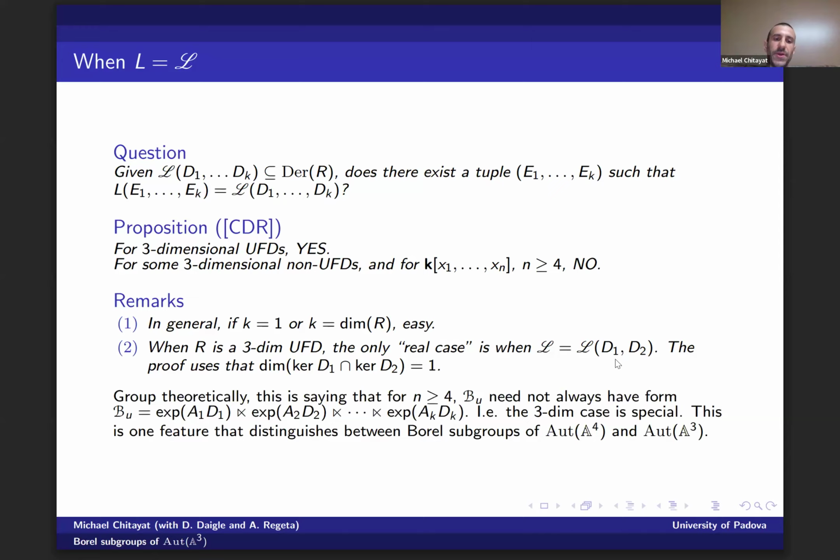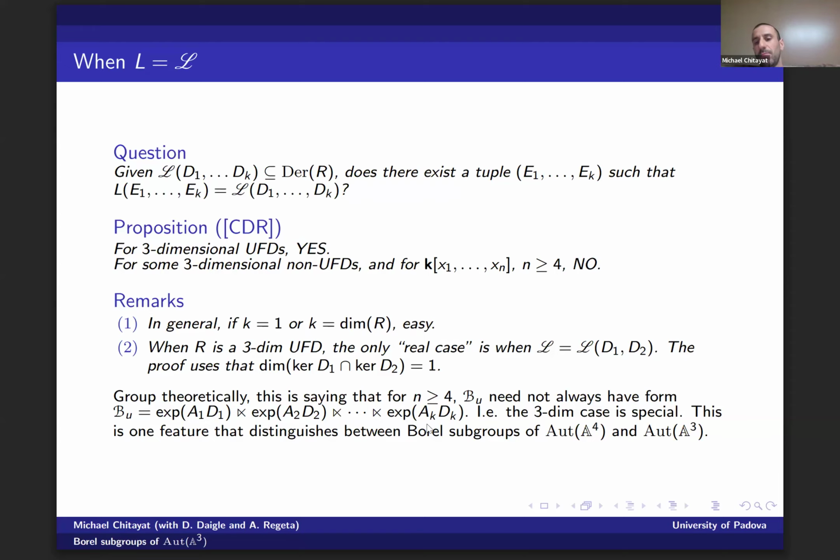And so what is this saying group theoretically? Basically, what it's saying is that for n greater than 4, if you look at the unipotent radical of your Borel subgroup, it need not look like a semi-direct product of this form. So when you're working with three-dimensional UFDs, the unipotent radical is essentially always written as a semi-direct product of exponentials of intersections of kernels times a derivation.